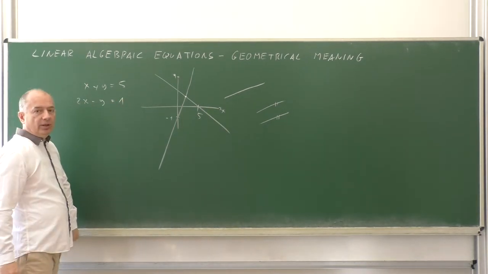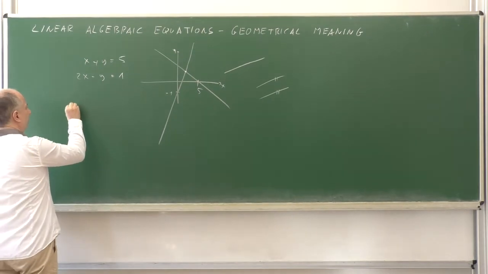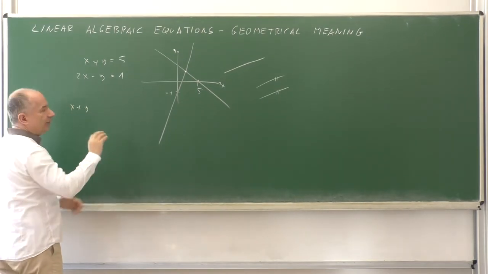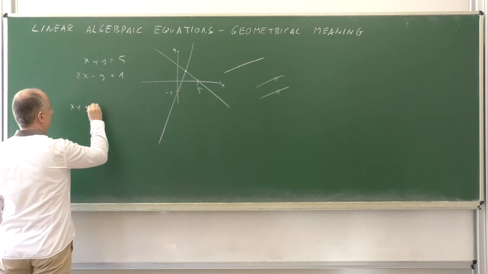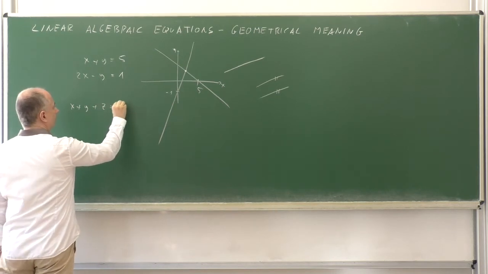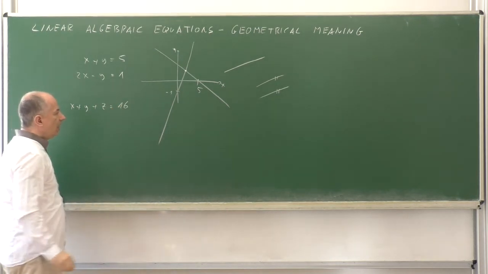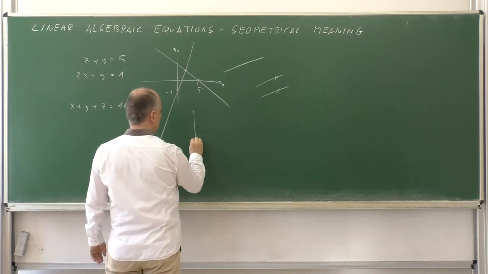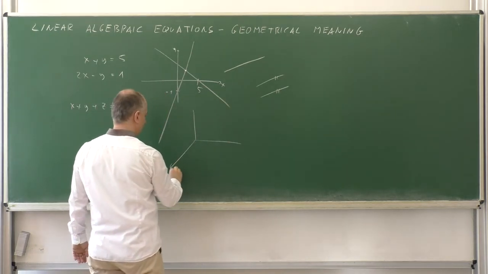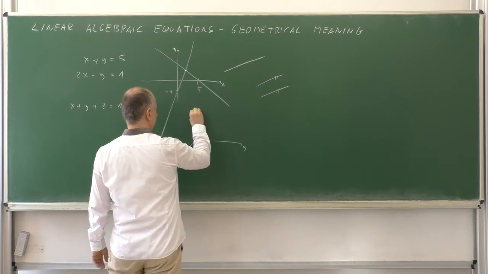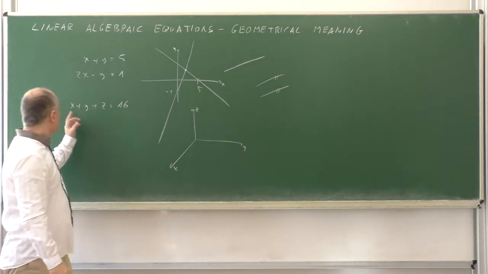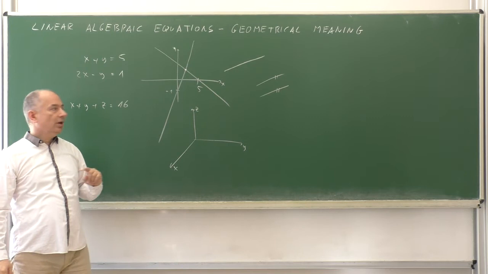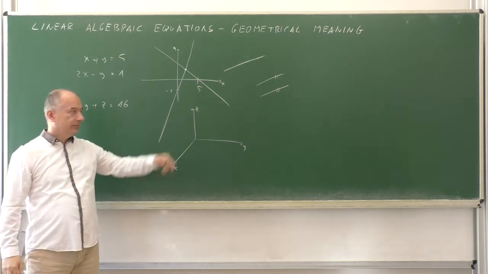What about three unknowns? If we have three equations for three unknowns, then in the three-dimensional space, such a linear equation for three unknowns corresponds to a plane.